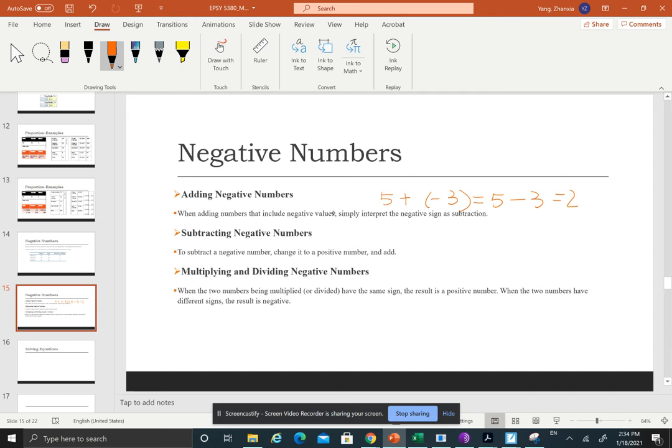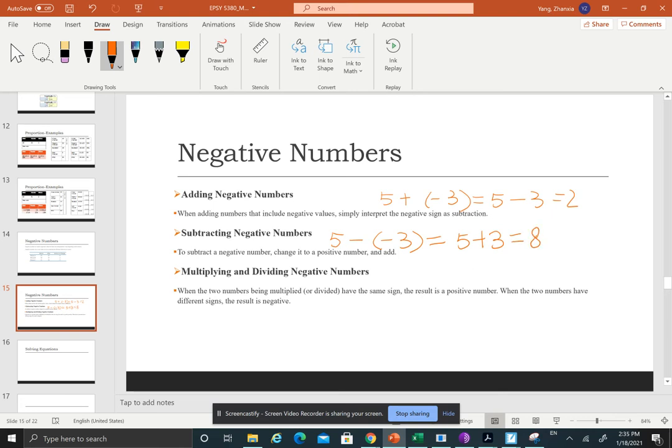So one example could be, we just keep going on, 5 subtract negative 3, and then we can write this as 5 plus, since we have a double negative sign, we change it to a positive sign here, and then add 3, and then the result will be 8.